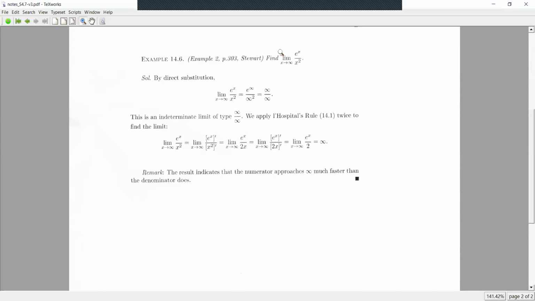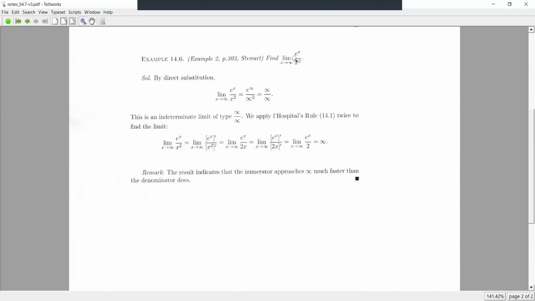So therefore, this limit is infinity. That means that as x approaches infinity, e to x approaches infinity much faster than x squared approaches infinity.